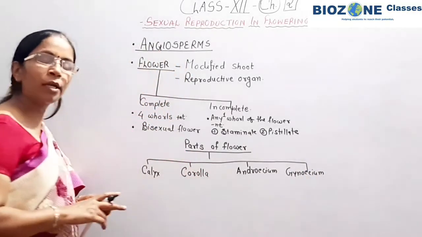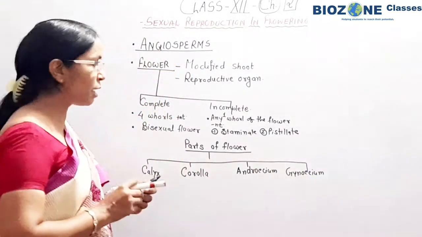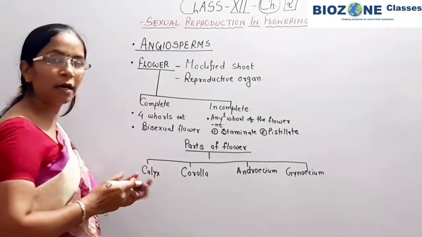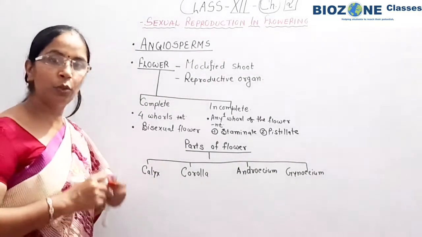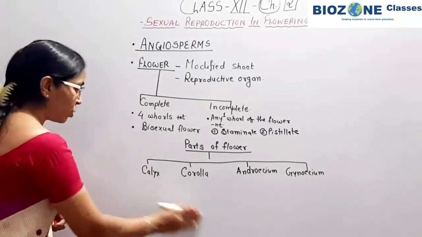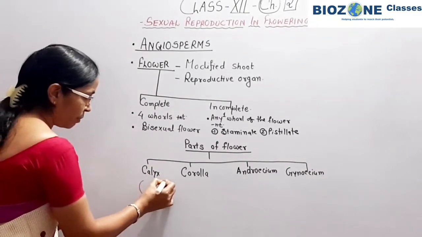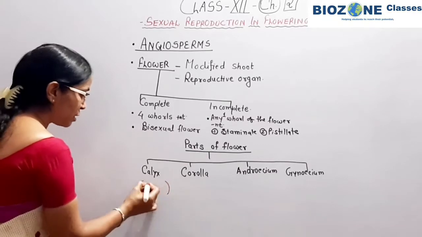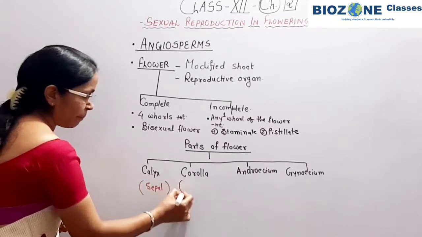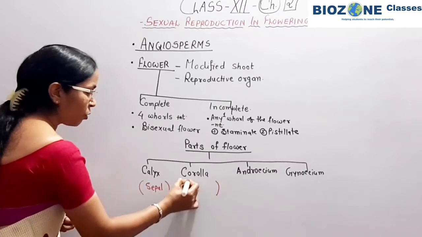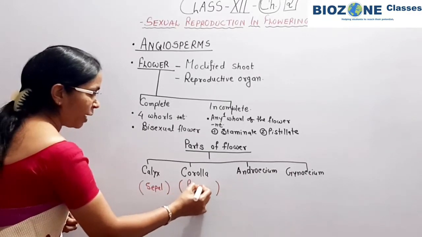Okay, now what are their single units? There are four whorls, or four parts, and now what are their units? The single unit of calyx is called a sepal. The single unit of corolla is called a petal.